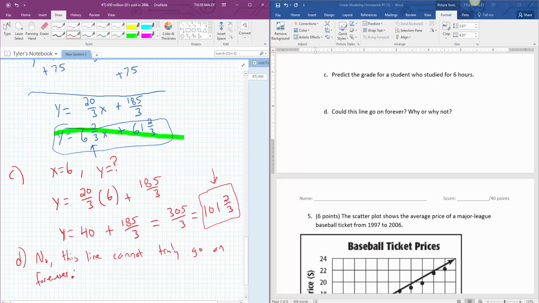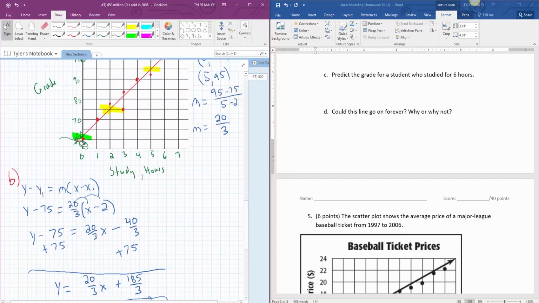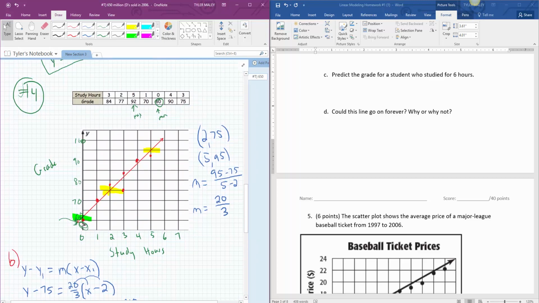And the reasoning behind this, if we look back up at my scatter plot, is that this line is going to keep rising, going in the upward direction forever. And certainly there is a cap, a max on the score that someone could receive on an exam. You can't get like 1,000,000%, or keep getting bigger and bigger and bigger.